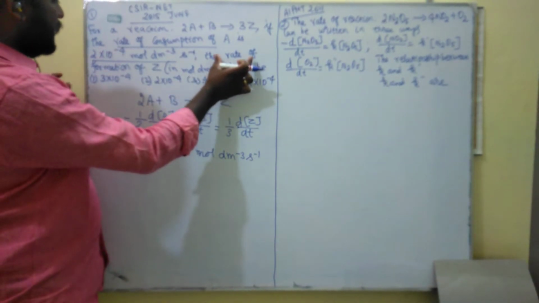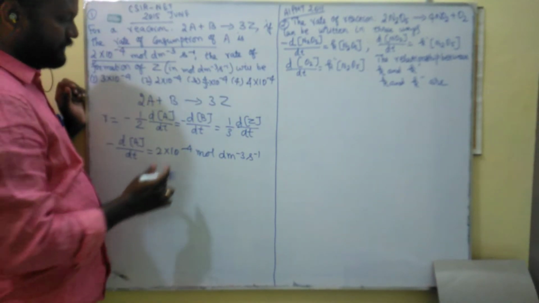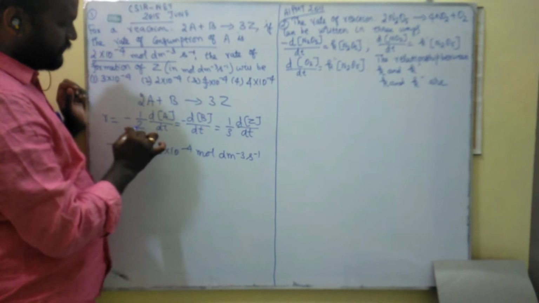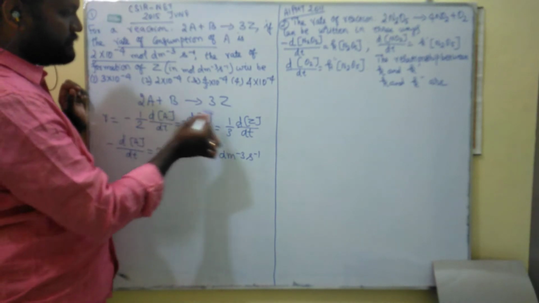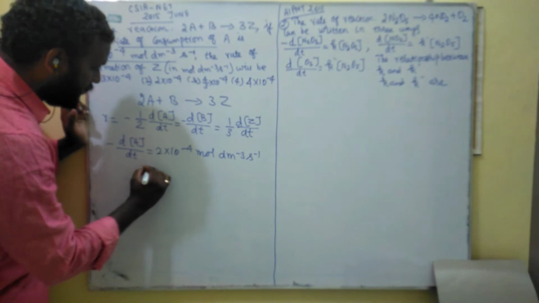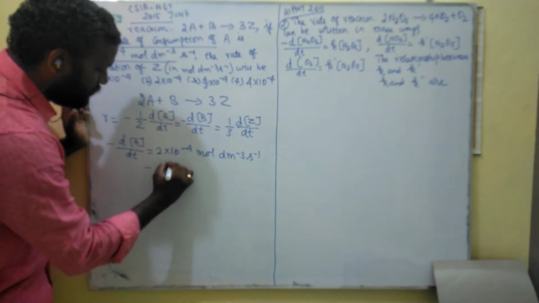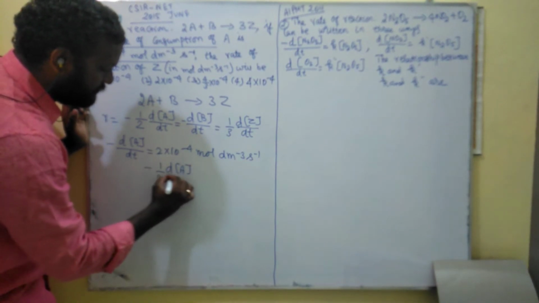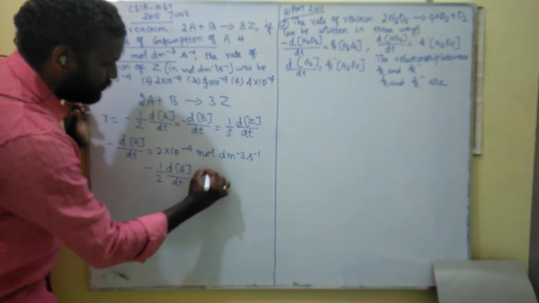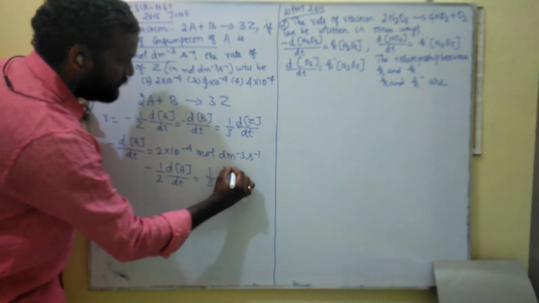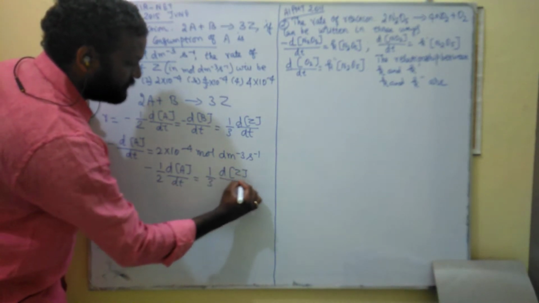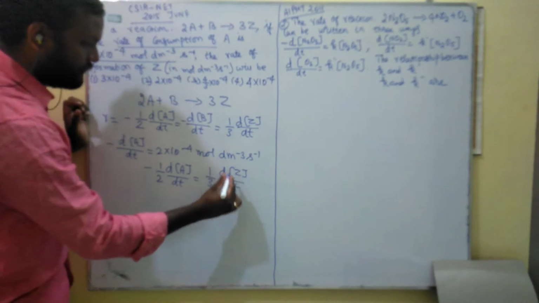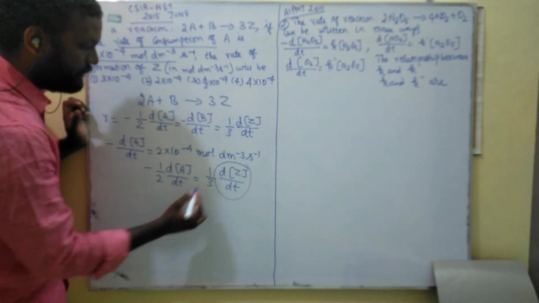What we have to calculate? Rate of formation of Z. How are the rates of change in concentration of A and Z related? Minus 1 by 2 change in concentration of A with respect to change in time is equal to 1 by 3 change in concentration of Z with respect to change in time. So we need dZ by dt.